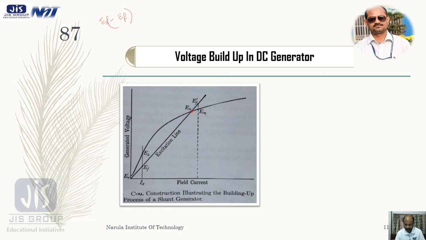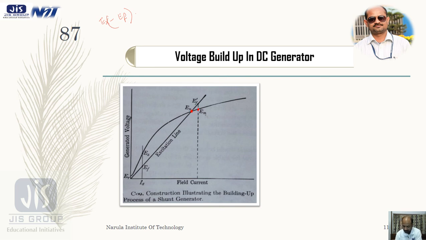The stability of this point can be shown by considering what would happen if the voltage should overrun to some point Em. So I am analyzing the stability of this point. Suppose it overshoots up to this point Em.